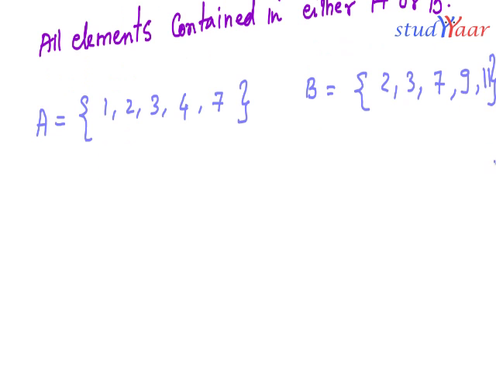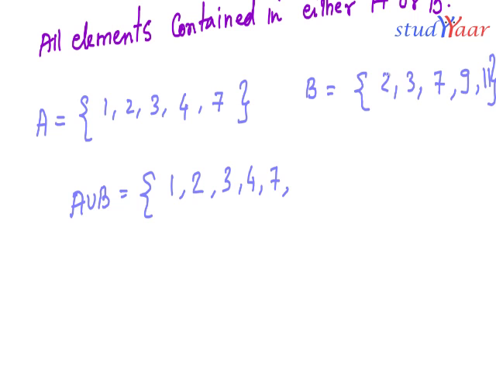Then A union B is going to be all the elements that are contained in either A or B. So it is going to have this 1, this 2, this 3, this 4, and this 7 also.